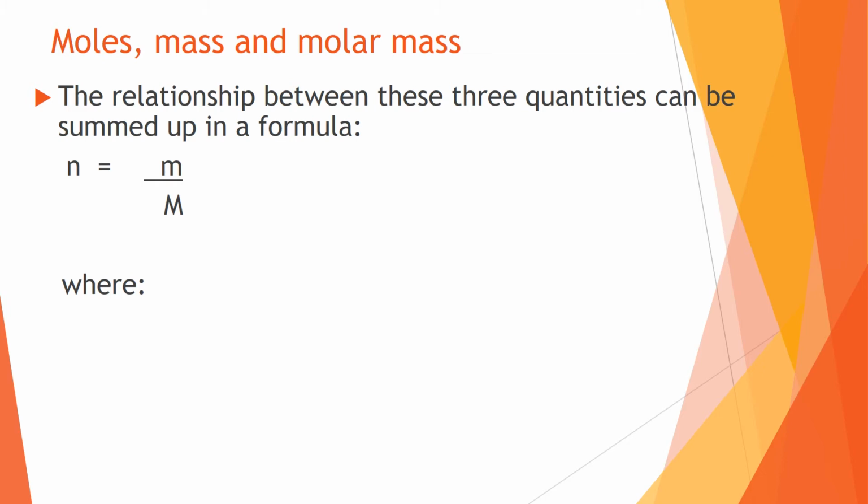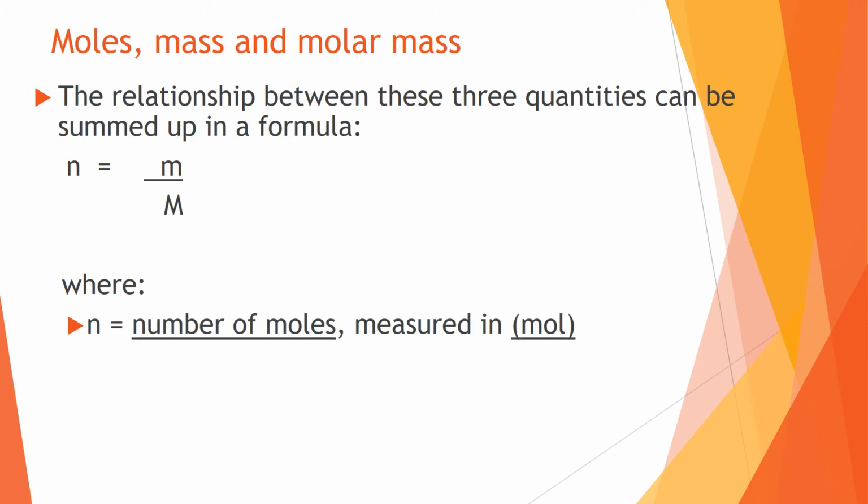And again, you don't need to memorize these formulas. They are in your data booklets, and you would get the data booklets for any exam, right? So what we really need to know is how to use these formulas. So n is equal to the number of moles, and it's measured in moles, M-O-L. Little m, lowercase m, is equal to mass, and it's always measured in grams.